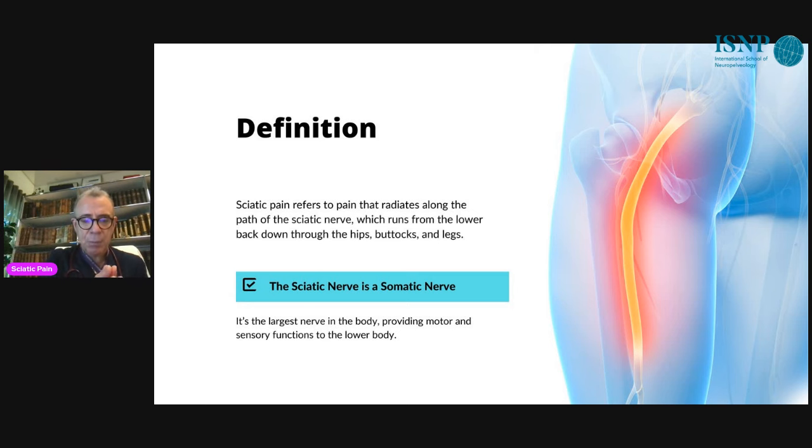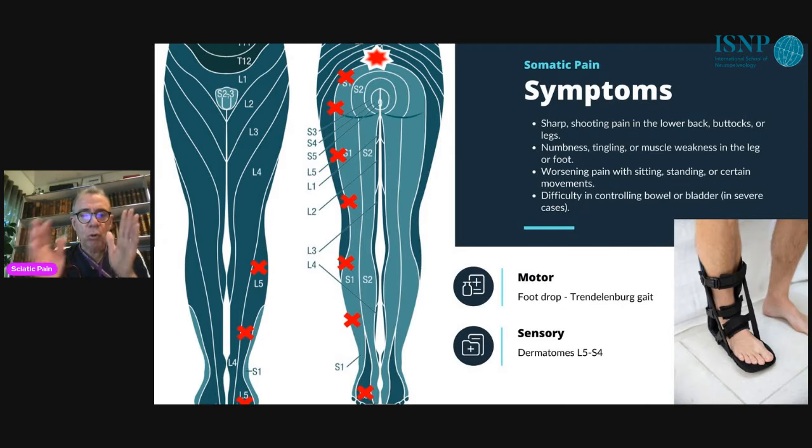And sciatic pain normally refers to a burning pain, tingling, electrical shock, starting in the lower back or in the bottom and going down along the leg, the dorsal aspect, the posterior aspect of the leg, sometimes down to the foot. So for the symptoms, you have the sensory and the motoric.